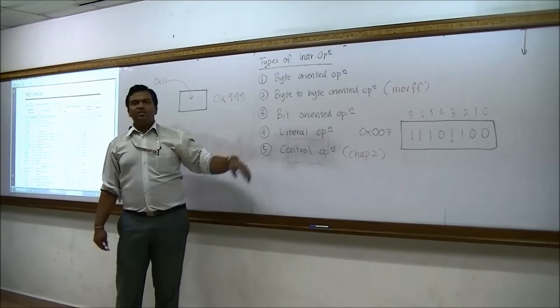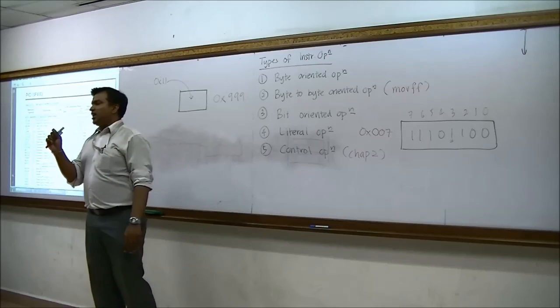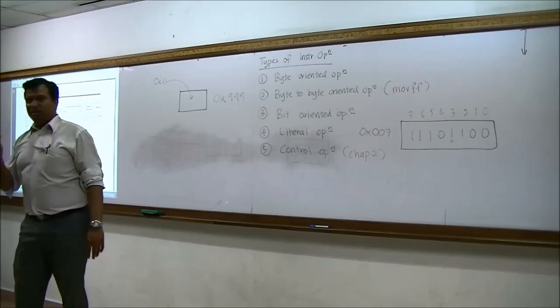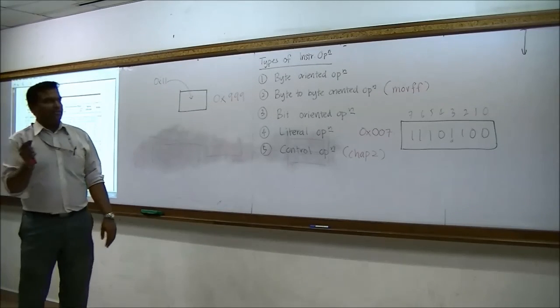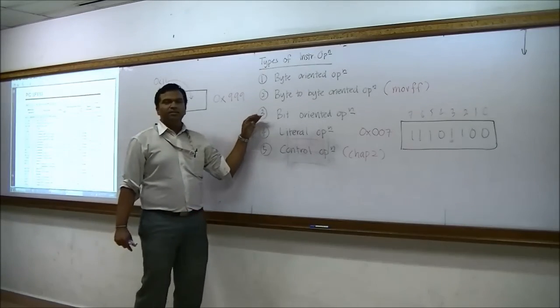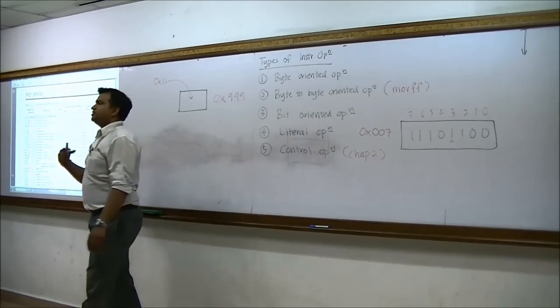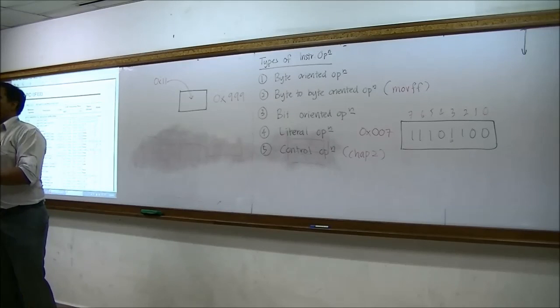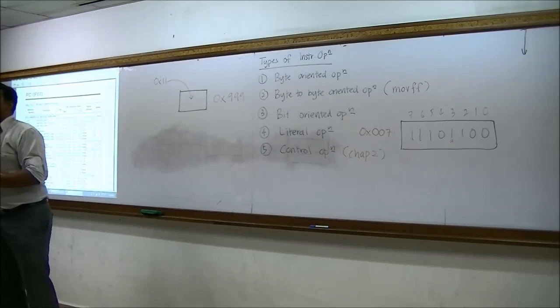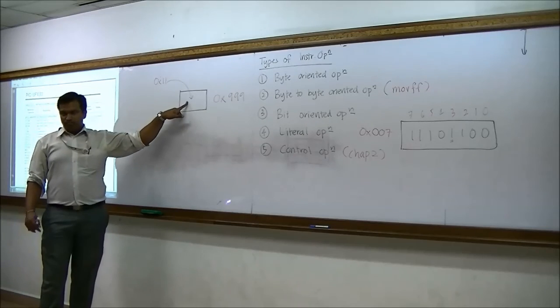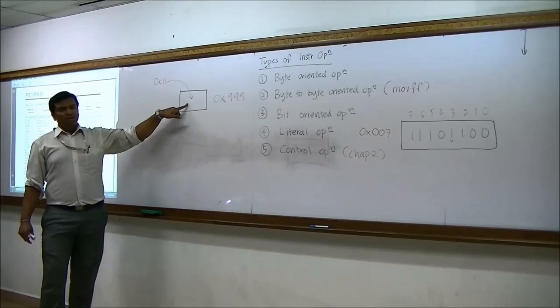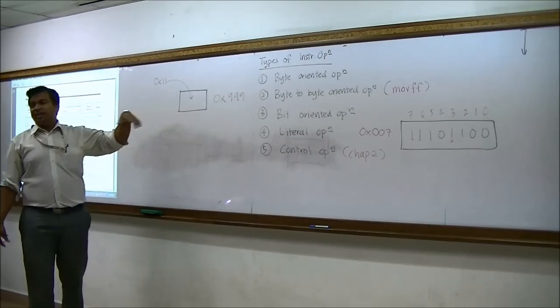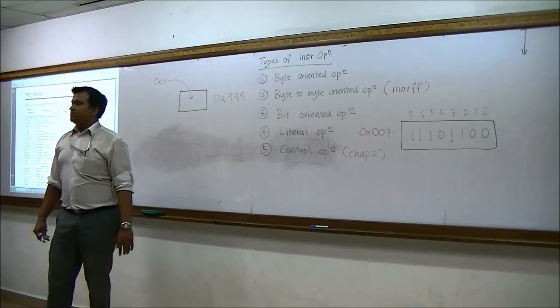So what is bit-oriented operation? Any instruction that allows us to manipulate the bit only. And literal operation is any instruction that allows us to load any 8-bit value into any address of data memory. Is it okay?